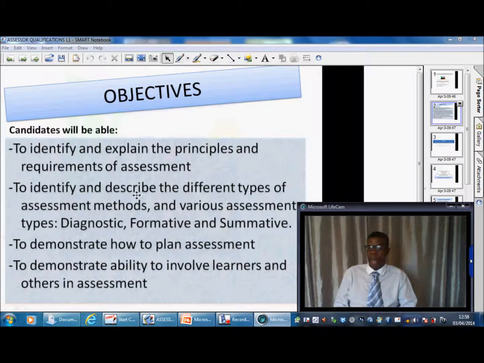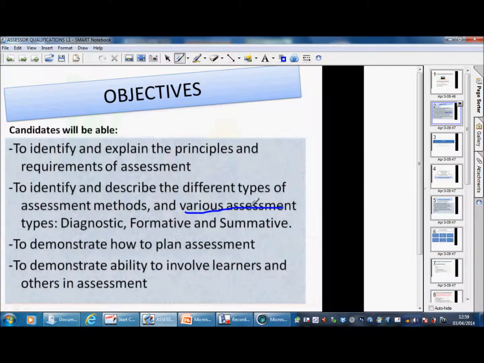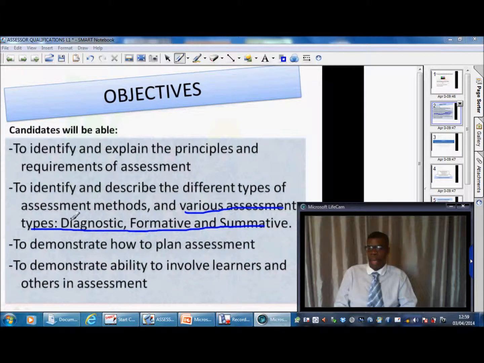The previous lesson, as a matter of fact, did look at identifying and describing the different types of assessment methods and various assessment types. We looked at, in the previous lesson, in particular, the assessment types. We covered these ones: diagnostic, formative, and summative, and we used the term initial assessment for diagnostic.